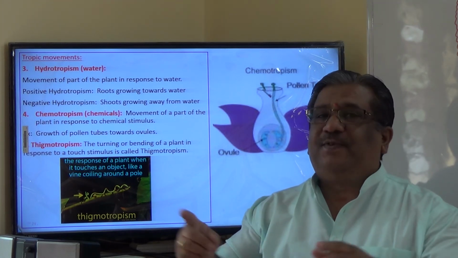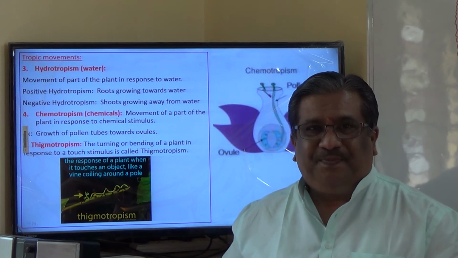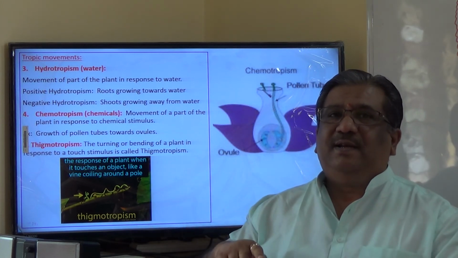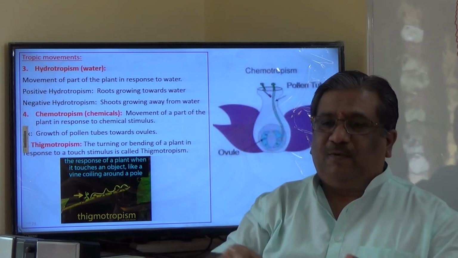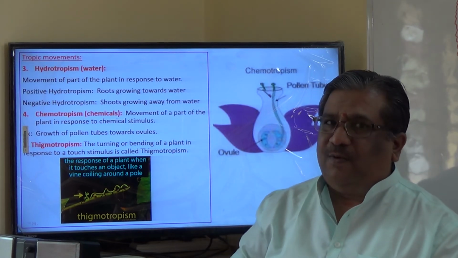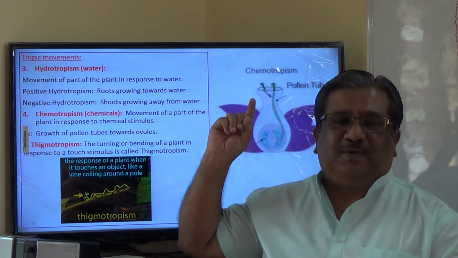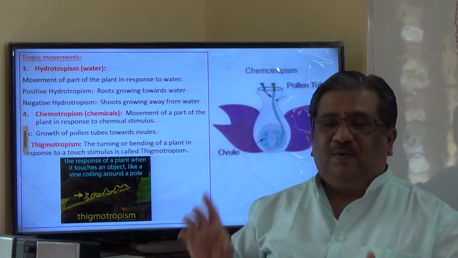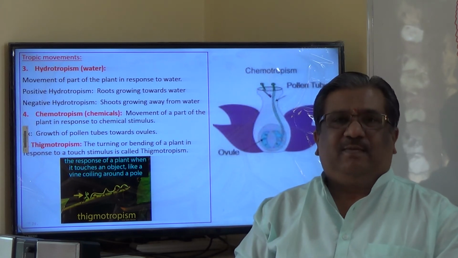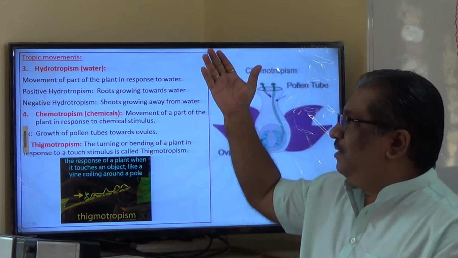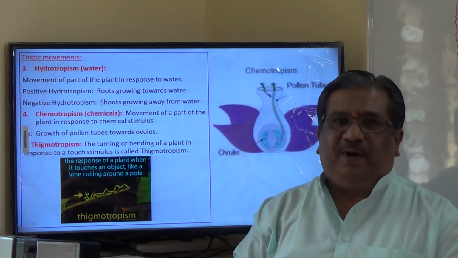Control in terms of how much growth should happen in the roots. And coordination: food is to be prepared in the leaves, water is required, and therefore the root thinks I have to grow now, catch the water and supply it to the leaves, isn't it? So definitely there is a control and coordination taking place in the plants based on these tropic movements. We can confirm that very well.